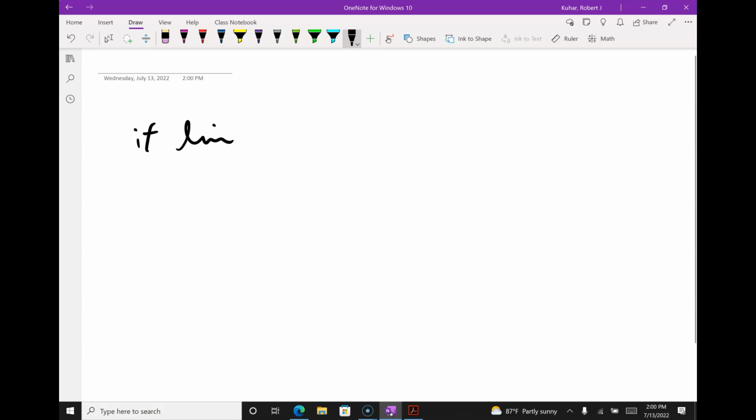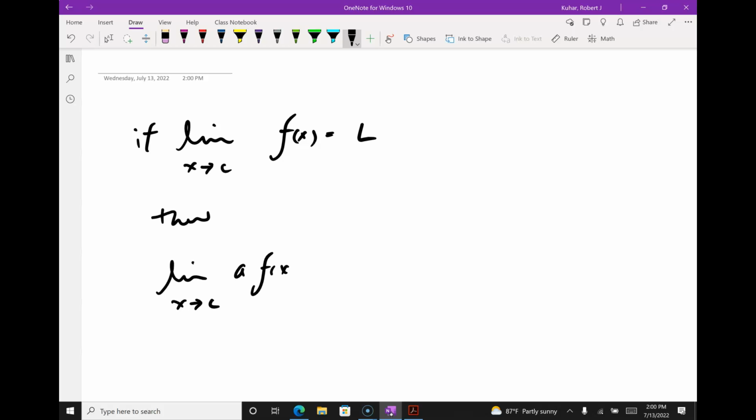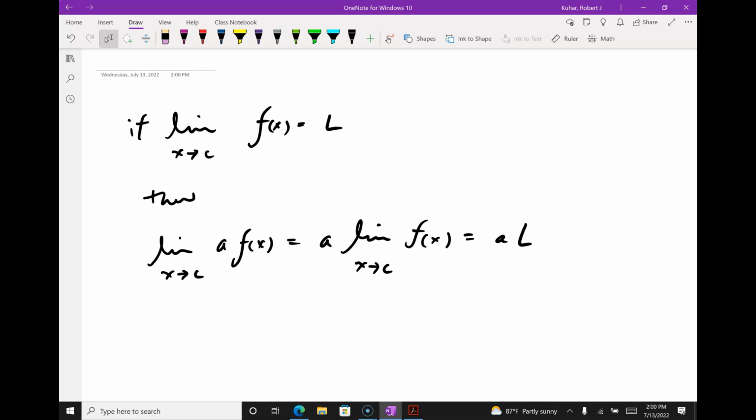If the limit as x goes to c of f of x equals L, then the limit as x goes to c of a times f of x equals a times the limit as x goes to c of f of x, which equals a times L. What am I saying here?